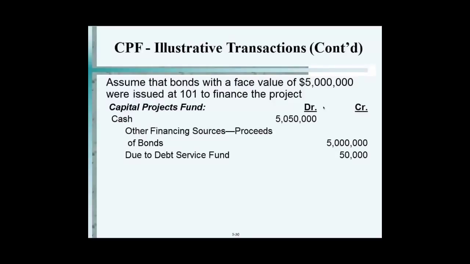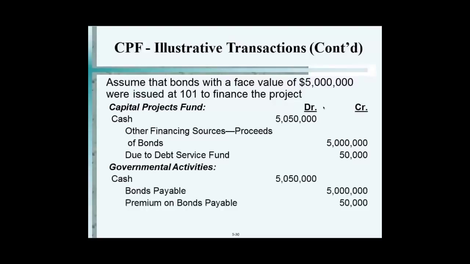The smart accountant said, just because you got $5,050,000 doesn't mean that it's yours. 50 of that should go to the debt service fund to pay off the loan. Okay? And that's what you see here. And here it's premium on bonds payable because that's how we recognize that transaction.